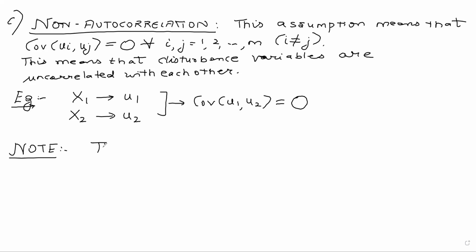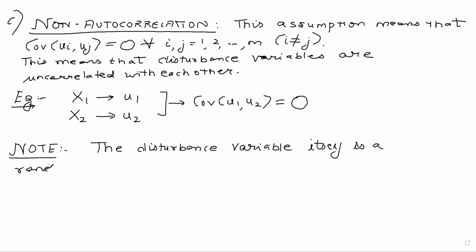Okay, the disturbance variable, which is ui, itself is a random variable whose value cannot be controlled.